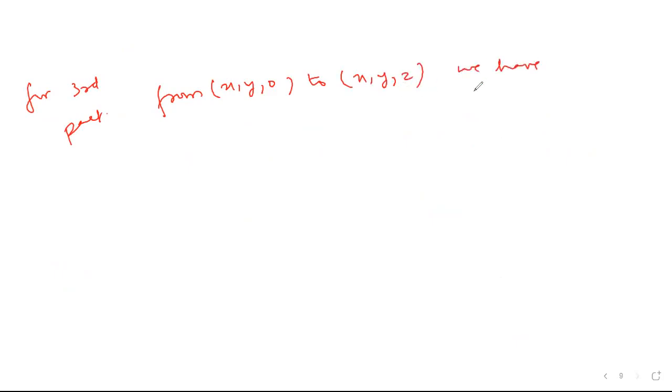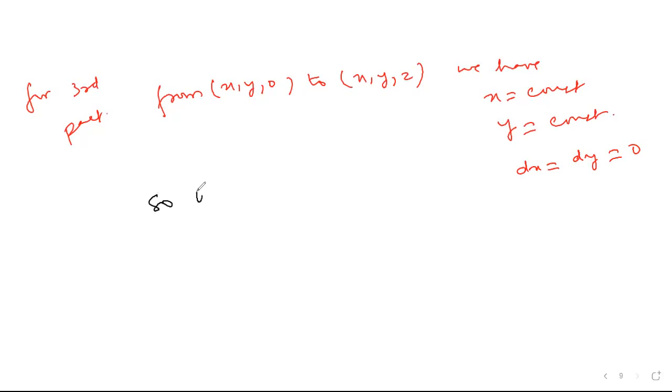Now for third part of the path, that is from x, y, 0 to x, y, z, we have x is constant, going from x to x, x is constant, y is also constant. That means dx and dy both are 0.